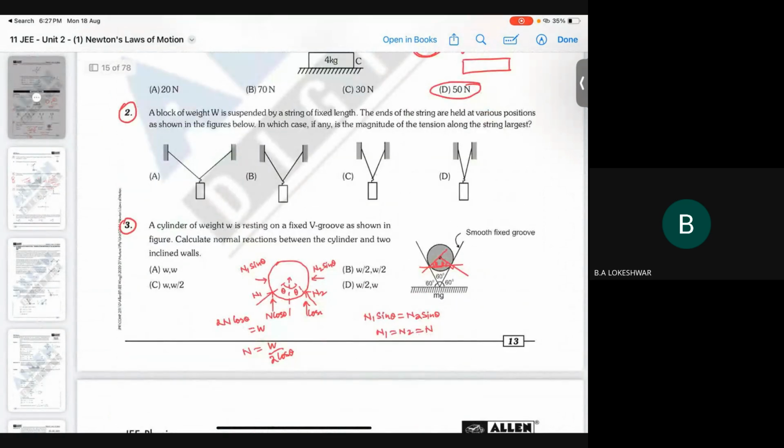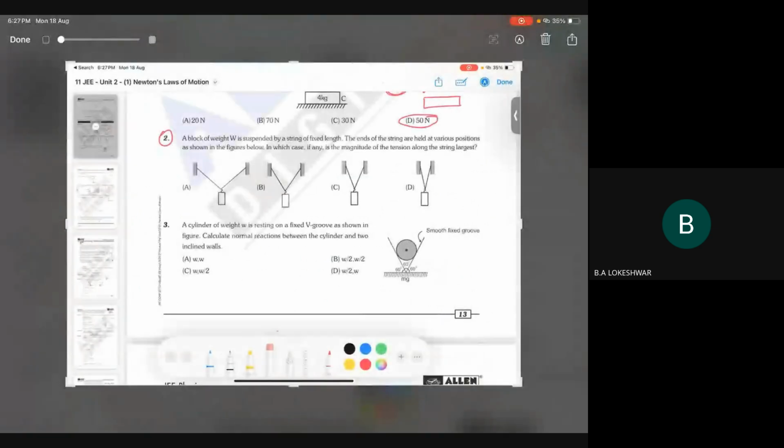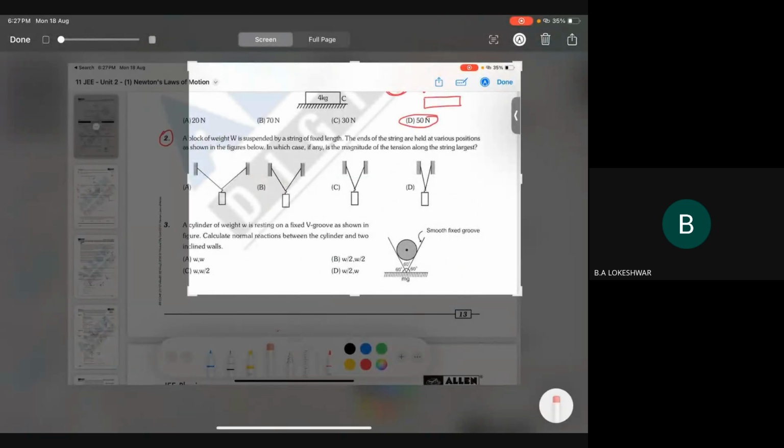This question actually. So picnic box. This question we will try now.